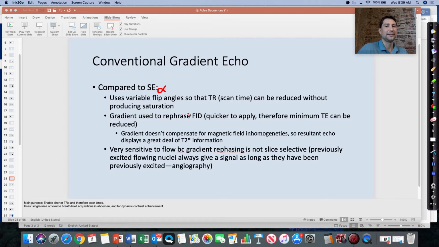That's usually less than 90 degrees, so that TR and scan time can be reduced without producing saturation, pushing those vectors past 90 degrees. A gradient is used to rephase our free induction decay instead of the 180. We can apply those gradients faster and at stronger amplitude. Therefore, minimum TE can be reduced. So now your TR and your TE can be reduced.